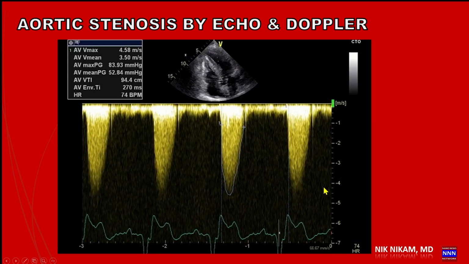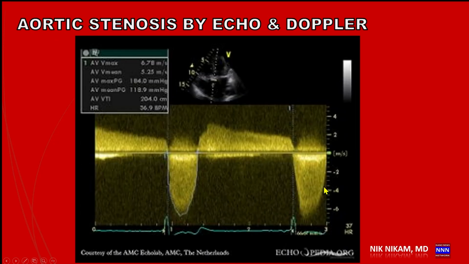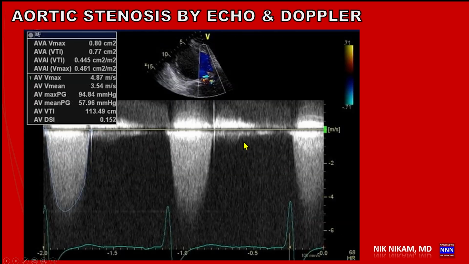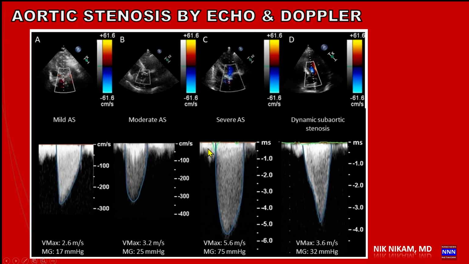So let's look at a couple more examples. We already saw this one. Here's another example with an aortic velocity of 6.7 meters per second across the aortic valve using continuous wave Doppler. In addition, there is also some degree of aortic regurgitation, as is seen here in the pulsed wave Doppler.